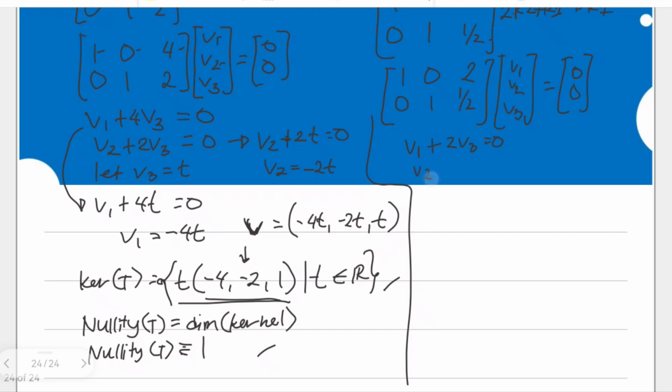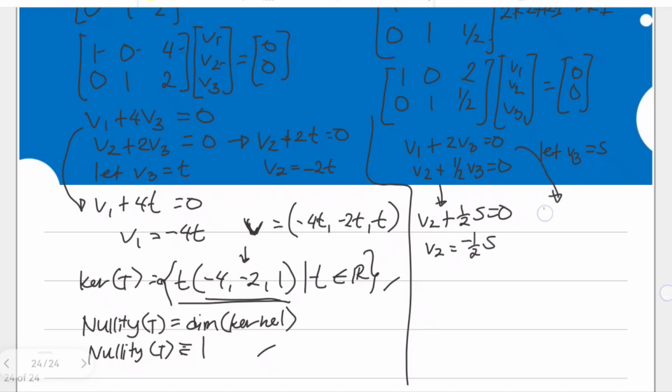We have v sub 2 plus 1/2 of v sub 3 be 0. Same here. Let v sub 3, just for the purpose of the discussion, since we already used t earlier, let me use s here. Either way, it's an arbitrary constant. In this case, this will become v sub 2 plus 1/2 s equals 0. v sub 2 is -1/2 of s.